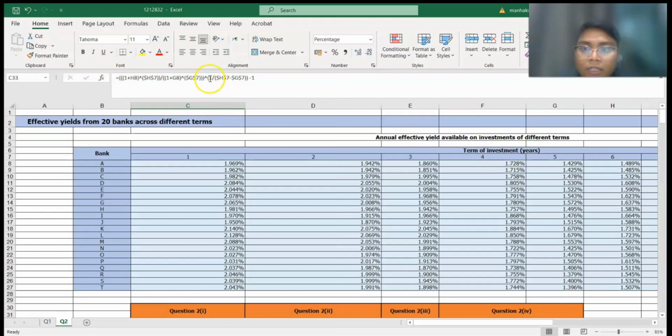And then all together to the power of 1 over H7, which is 6, minus G7, which is 5. So 6 minus 5 is 1, and 1 over 1 is 1.